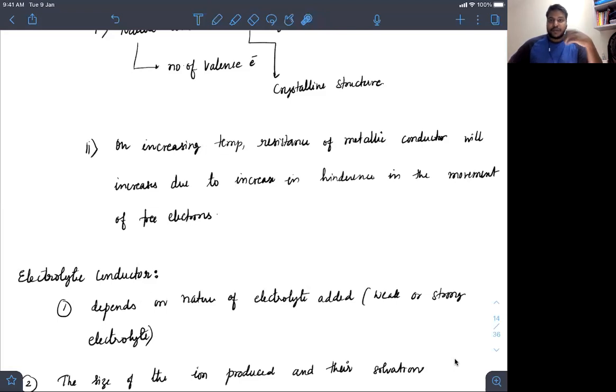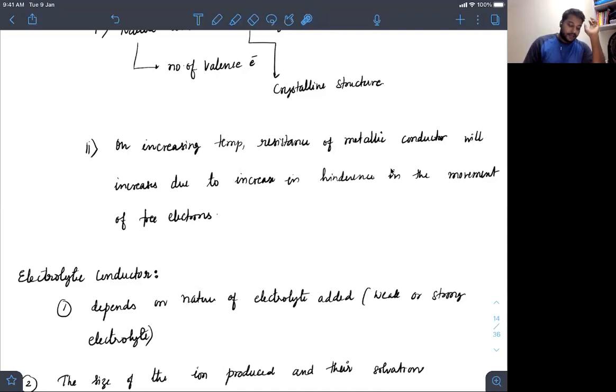So energy gets distributed in all directions, and it does not become easy for electrons to move from one end of the electrodes to the other. Clear? So increasing temperature decreases conductivity, or increases resistance, because there is more hindrance to the movement of electrons.